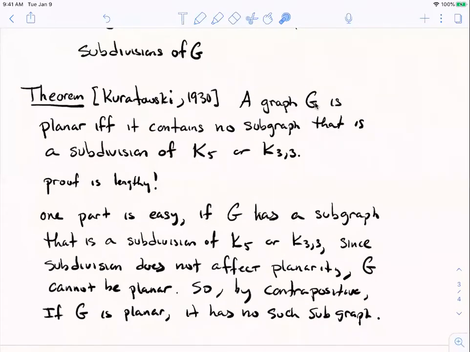So if G has a subgraph that's a subdivision of K5 or K33, it couldn't possibly be planar, because those graphs K5 and K33 themselves aren't planar. If you had some planar drawing of G, then you'd have some planar drawing of this subdivision, and then you could remove those vertices and get a planar drawing of K5 from that. So by the contrapositive, if G is planar, then it can't have any such subgraph. So that's half of Kuratowski's theorem. It's not the lengthy half.